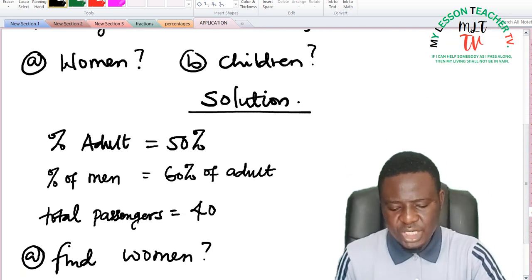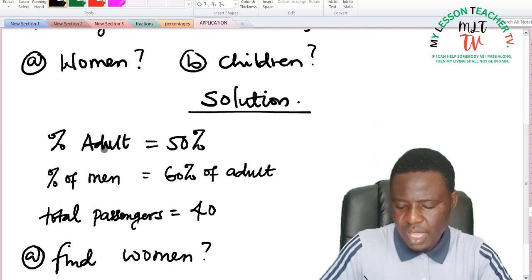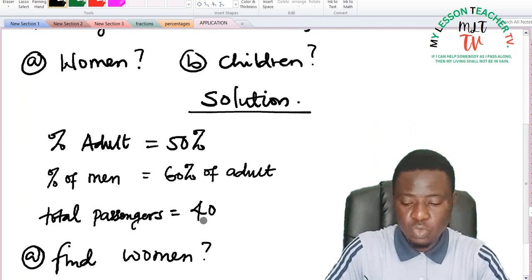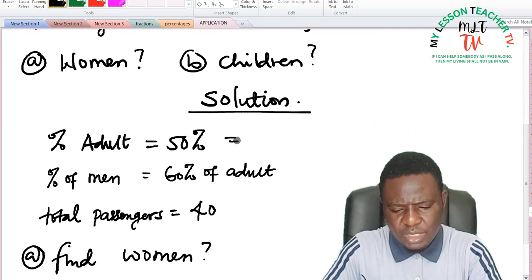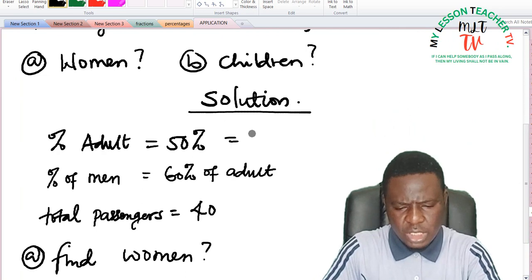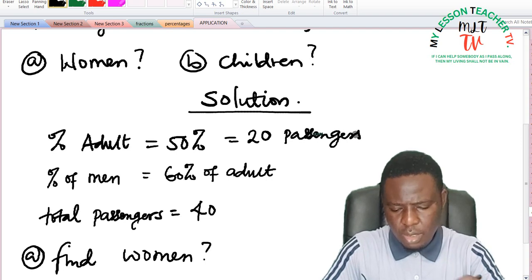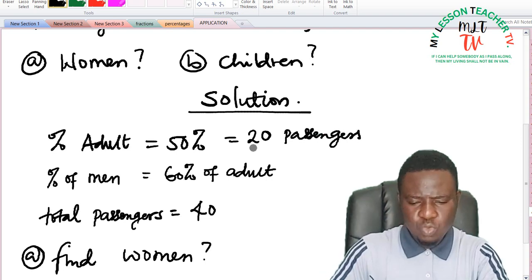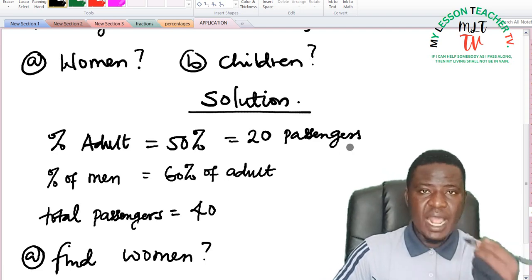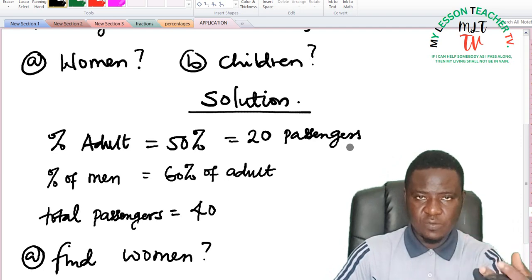If the total passengers are 40, and 50% of the total passengers are adults, it therefore means that 50%, which is half of the total passengers, are adults. It therefore means that 20 passengers are adults. And if 20 passengers are adults, for the adults, we have adult males and adult females.